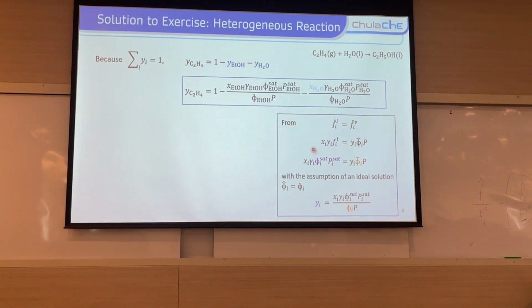Then you substitute back to replace the mole fraction of ethanol and water in this equation. So you can see that this one is just the same, but I use the subscript of each species to identify which term is for which species. So this term is the same as this one, but this is for the ethanol and this is for the water species.